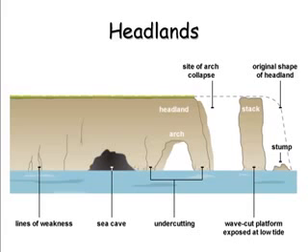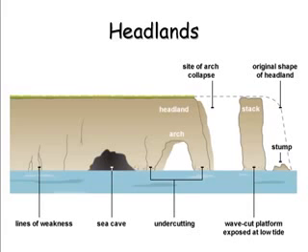What you can also get, which is not marked on this diagram, if water in the cave actually manages to find a line of weakness and erode upwards right the way through to the top of the headland, then you can get what's called a blowhole, where at high tide, particularly at stormy conditions, you can actually get rushes of air and sometimes bursts of spray actually firing up out the top of the headland from the cave down below.